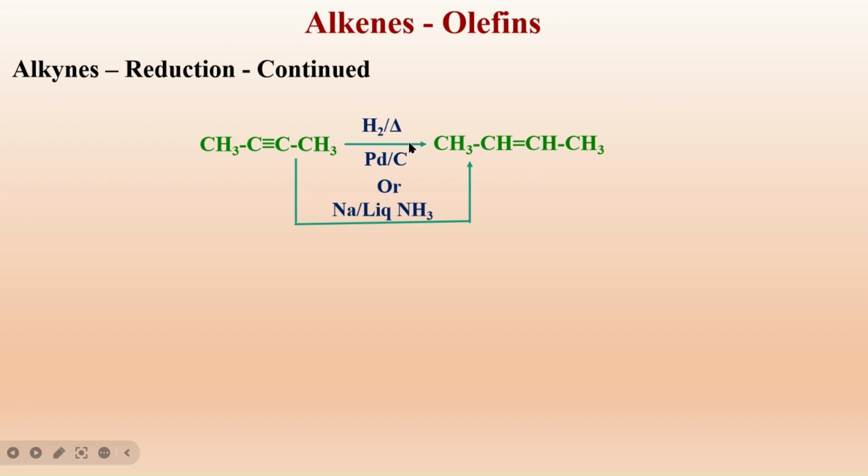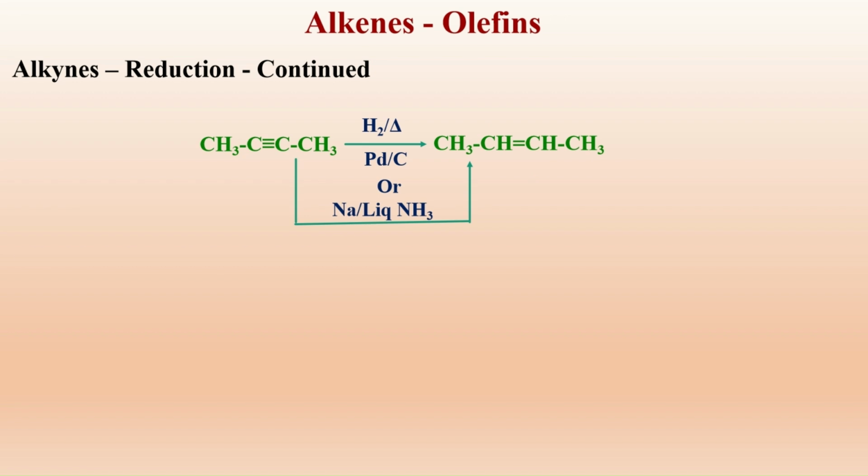For reduction using palladium and carbon and hydrogen, this is for acetylene or any alkyne. We can carry out this reduction process using a Parr hydrogenator, which was explained in the preparation of alkanes from alkenes.